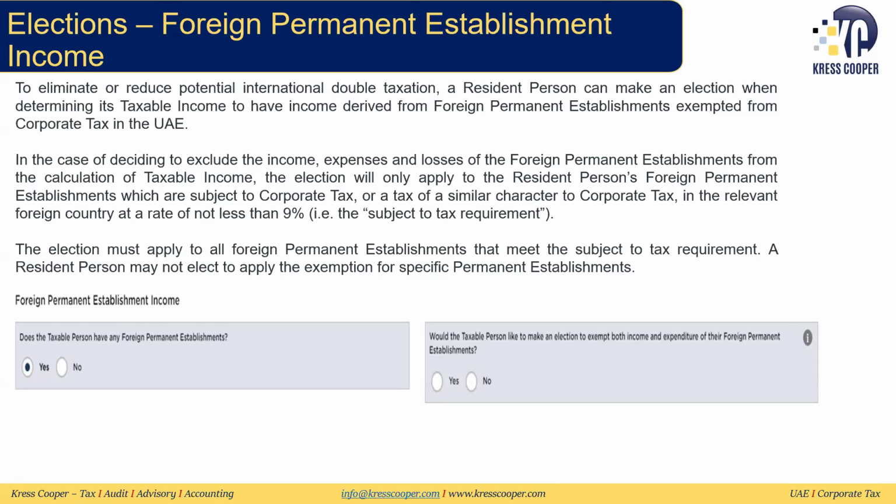So they can make this election if they don't want to include that income and expenses, because for a resident person, the worldwide income is taxable here in the UAE, but this exemption is given just for administrative ease if you want to exclude all the foreign permanent establishments from this. Otherwise, you can take a foreign tax credit for the taxes paid in the foreign jurisdiction, but this exemption is also available.